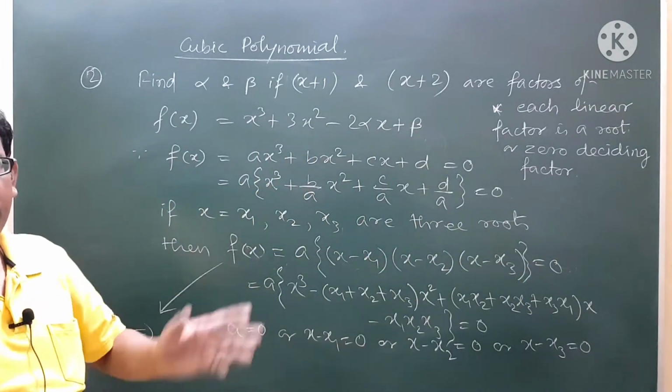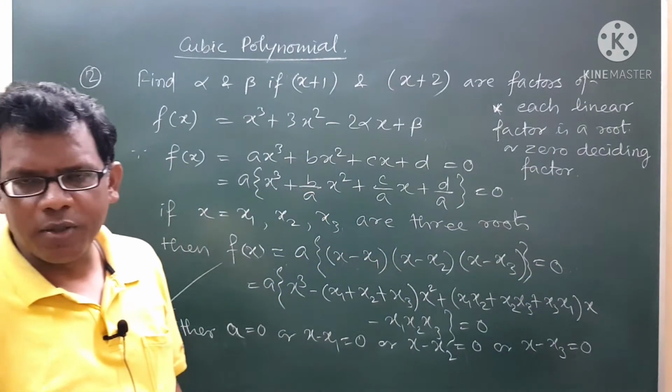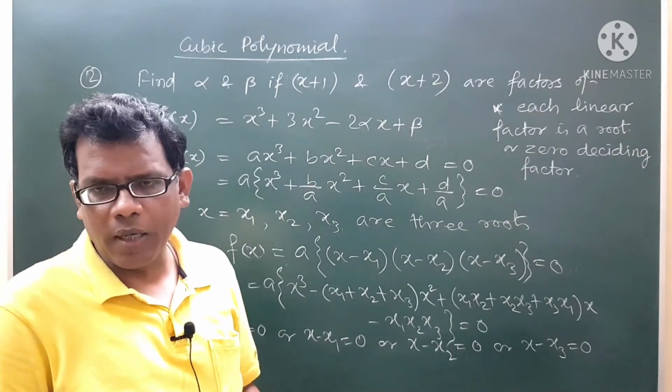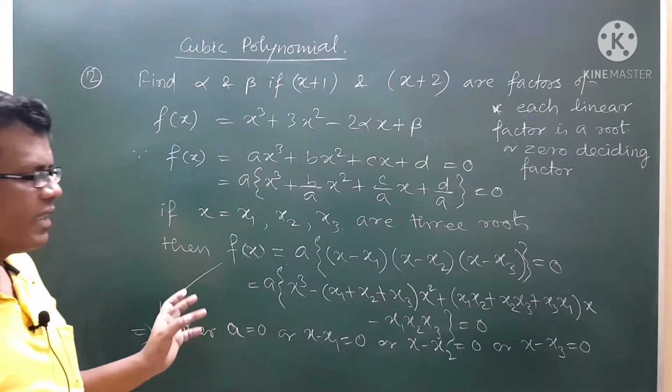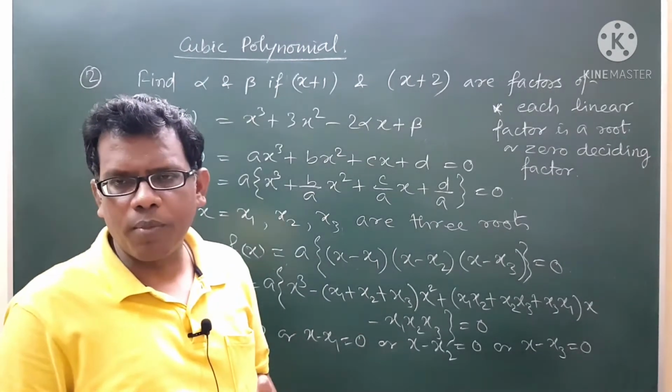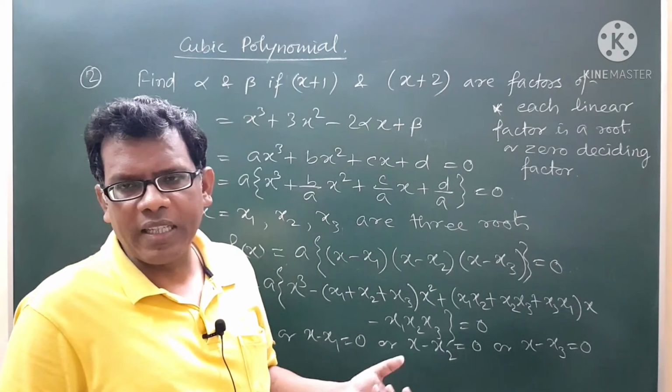Because when the product of two or more numbers is 0, that means each and every term in that product can make the entire product 0.